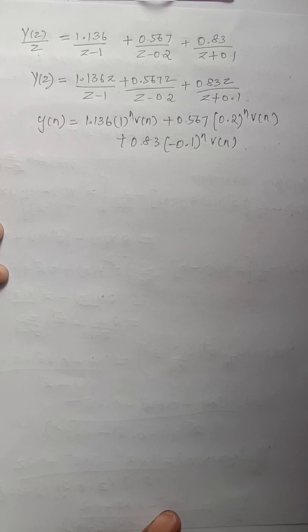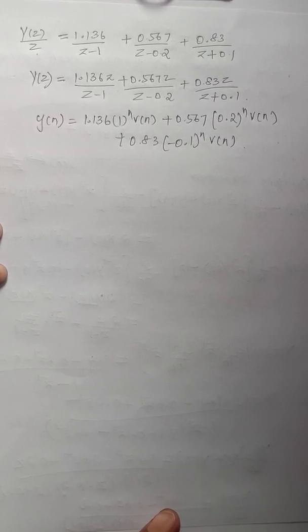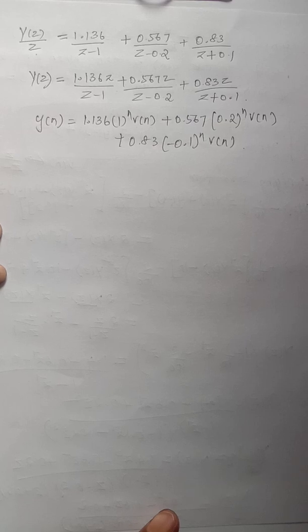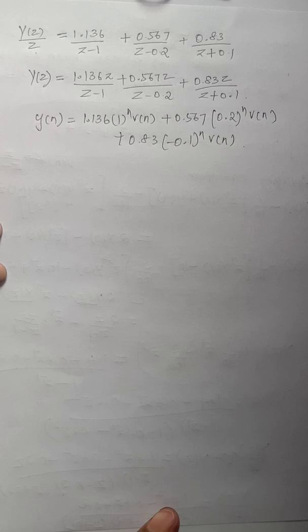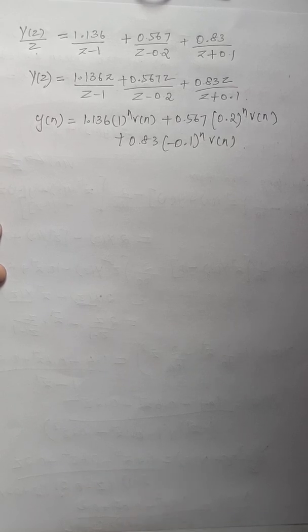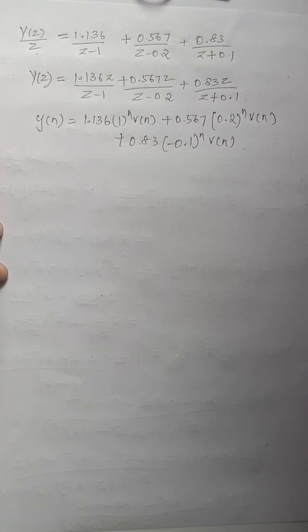Similarly, you need to follow the same procedure in order to find the impulse response, transfer function, then frequency response, and if you want to find step response, ramp response, whatever it may be, the procedure is the same. Okay, so hope you have understood these concepts.